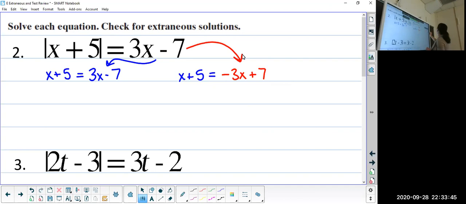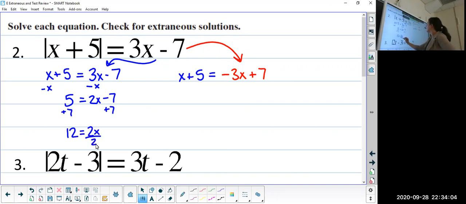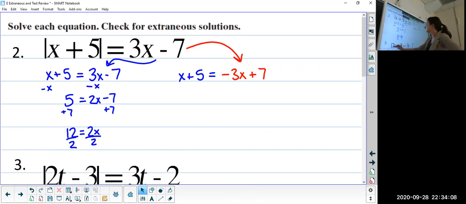So let's go ahead and work these out. We have to do both of them, and then we have to check our answer. So I'm going to subtract x. I get 5 equals 2x minus 7. I'll add 7, and I get 12 equals 2x. I divide 2, and I get that x equals 6.